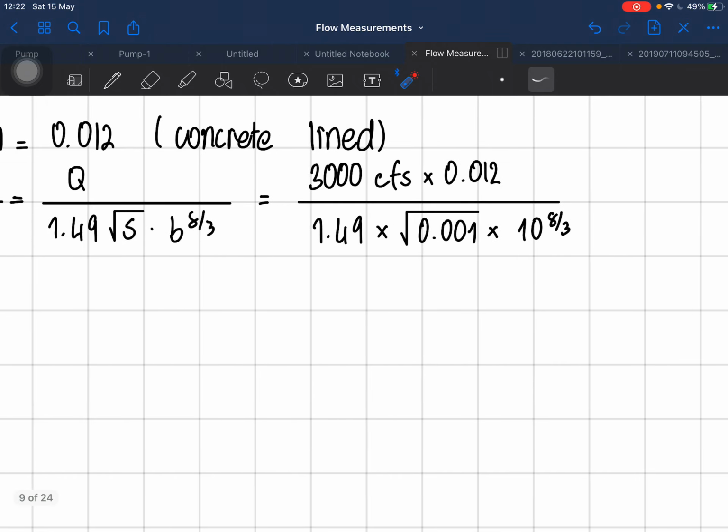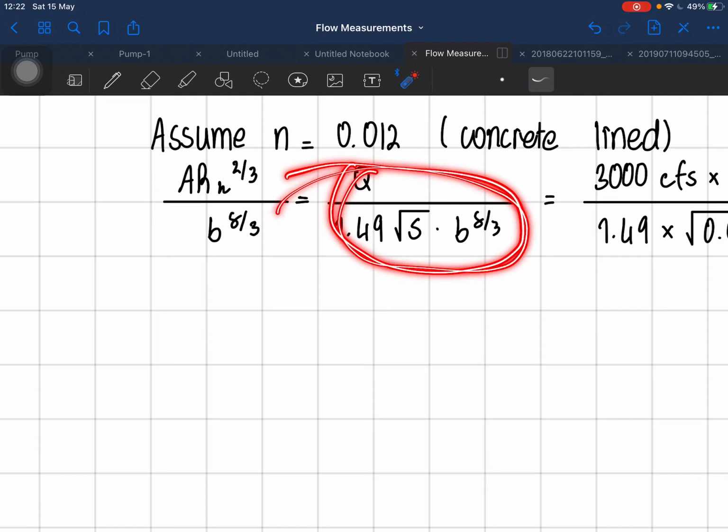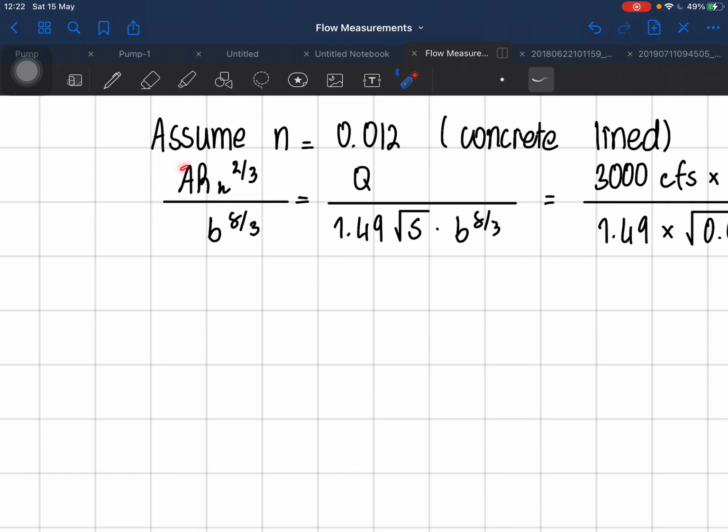So now all we need is to find this one. Why did we use this kind of method? Because we know everything here, so it's better for us to use this type of fraction.